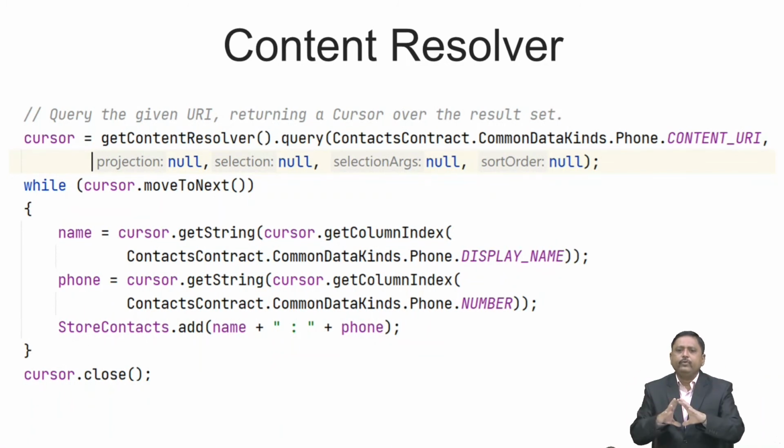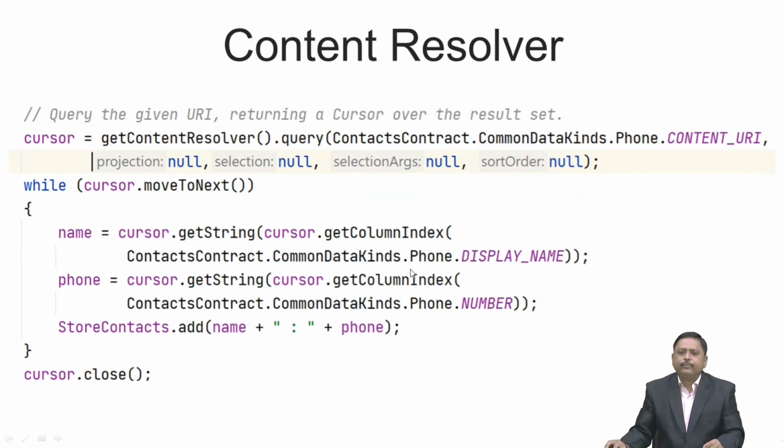But if you don't remember the index of a particular field, then you can refer to its name using some constant like this. This constant refers to the column name, and we want to retrieve the index of that column using getColumnIndex, and at that particular index whatever value is there we want to fetch inside name.